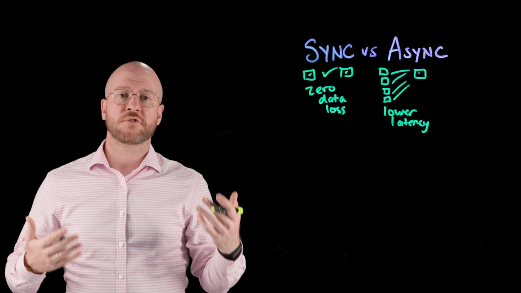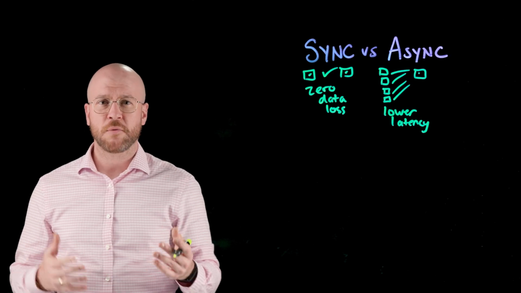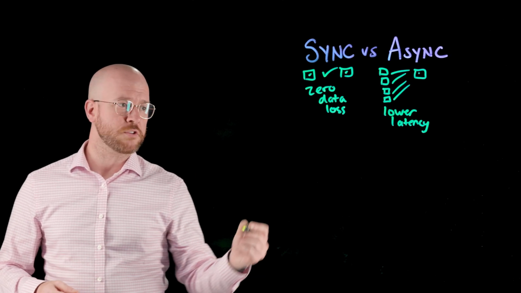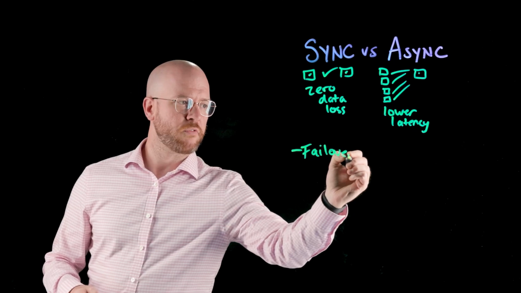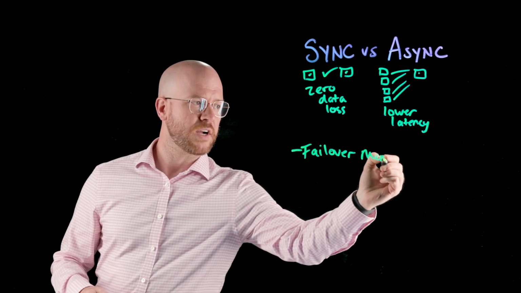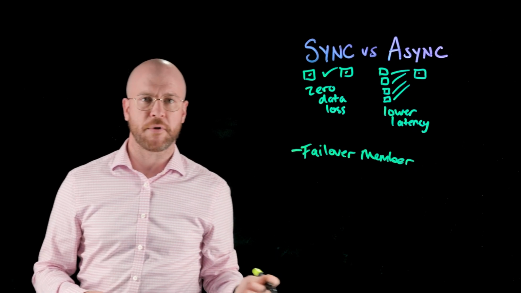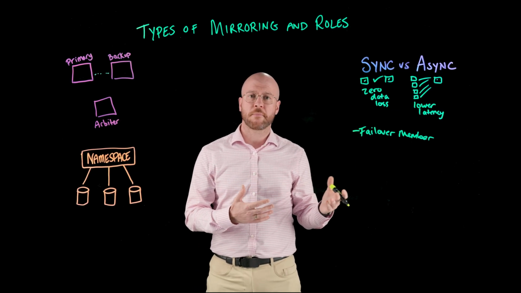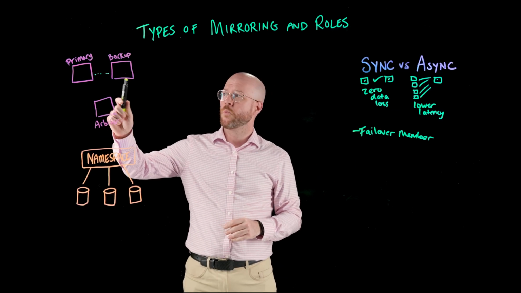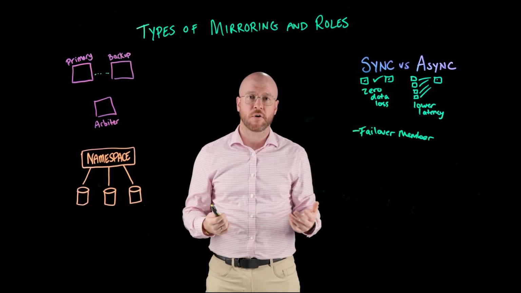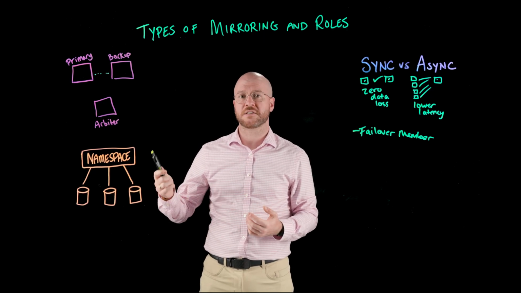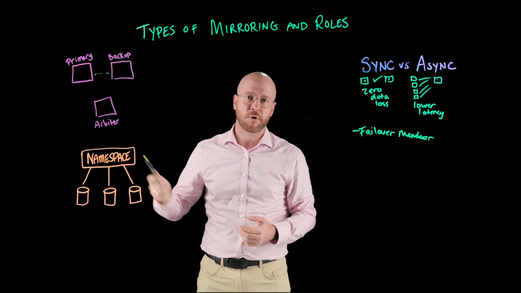There are a few other terms and roles to keep in mind that may be referenced in mirroring materials. The first is a failover member. You might hear this in conversations about mirroring and planning. Ultimately, a failover member is whichever of the primary or backup servers is the backup at any given time. In the event of a failover, the failover member is the system that takes over as the primary.